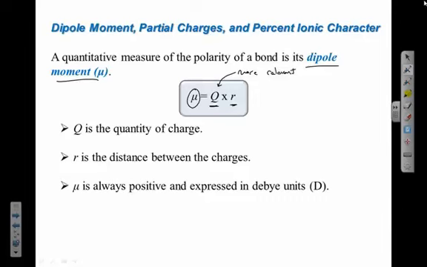As a more relevant factor, we are going to simplify the situation and really pretty much only worry about that factor. So as we've been saying, the bigger the electronegativity difference between two atoms, the more polar it is. In actuality, it's not quite that simple, because the distance between the atoms is also a factor.